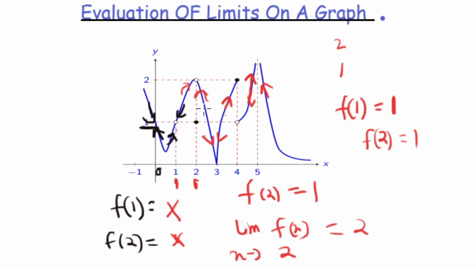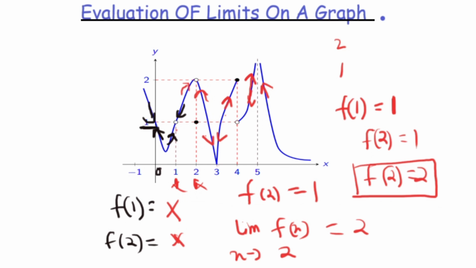So, for the function to be continuous at 2, f of 2 should be equal to 2. And because we can redefine our functions, we say that these two types of discontinuities are known as removable discontinuities.